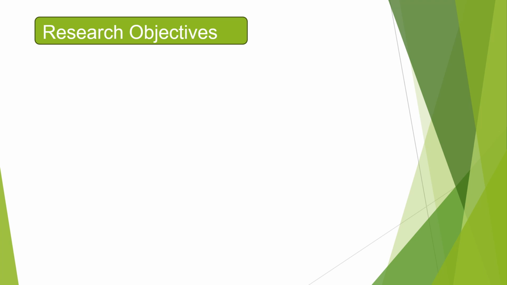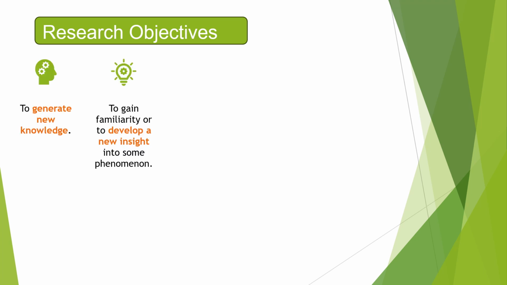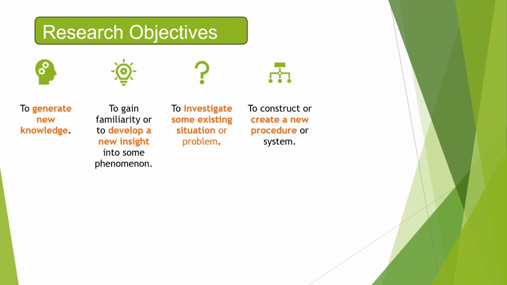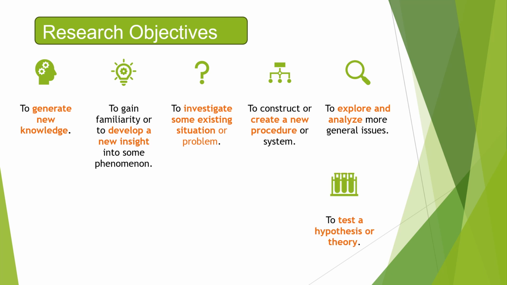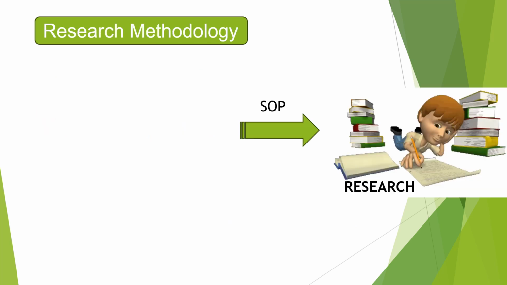There are several objectives with which we carry out research, like to generate new knowledge, to gain familiarity or develop a new insight into some pre-existing phenomena, or to investigate some existing situation or problem, to construct or create altogether a new procedure or system, to explore and analyze more general issues, to test a new hypothesis or a new theory, and to identify patterns or trends related to the problem.